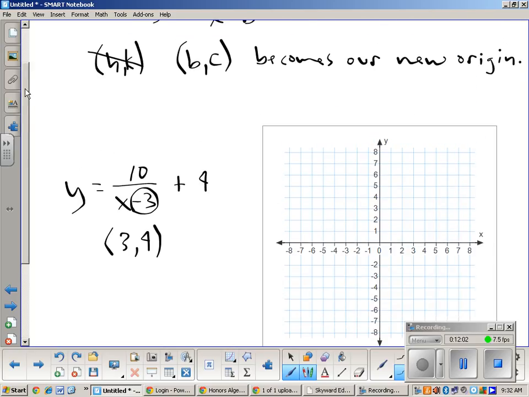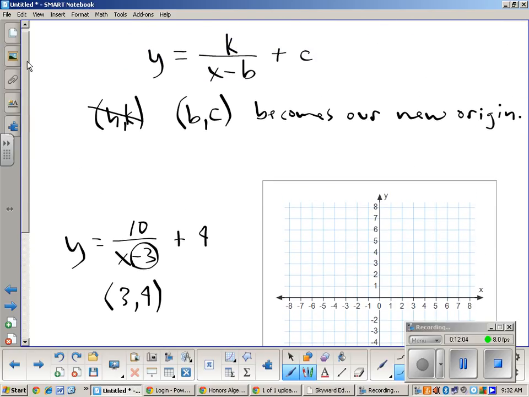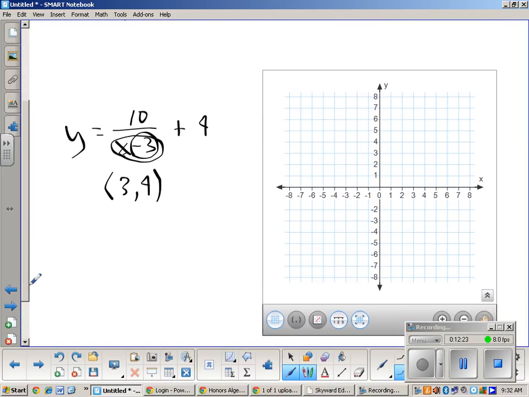But I'm hoping what you saw instantly was that the model says it should be x minus b. So when b is negative, this would turn into x minus a negative, which would make it x plus. So when this is a negative down here, that makes it a positive b value. So if I go over 3, up 4, I get that point right there.